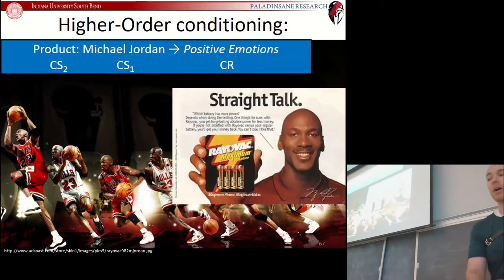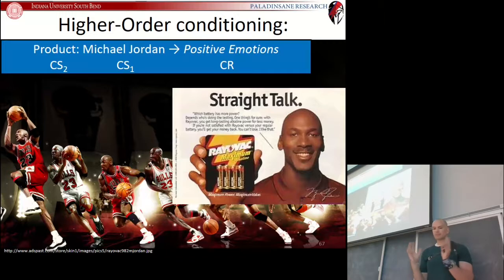All right, so you might have noticed that Michael Jordan had tons of endorsements. He made millions off of endorsements, but he doesn't make millions off of endorsements anymore. So he retired, he doesn't play basketball anymore. And why is that? What happens in terms of his ability to be a conditioned stimulus?